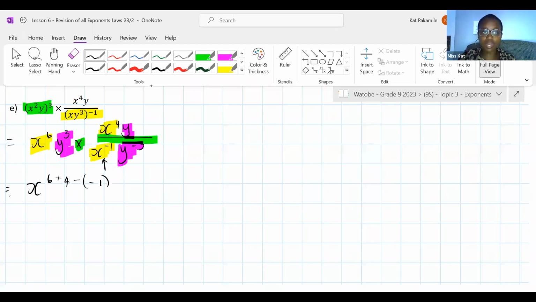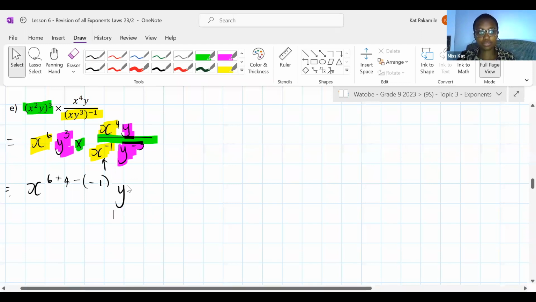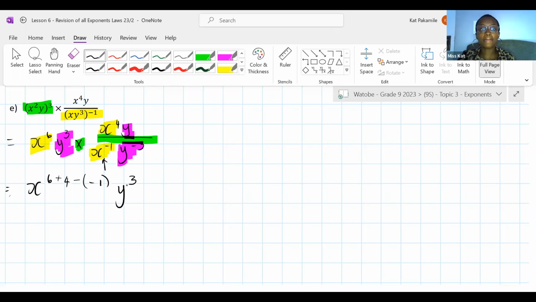Beautiful. We have dealt with x. Let's deal with y. Try y. So what am I going to write? Y to the power of 3, minus -3.